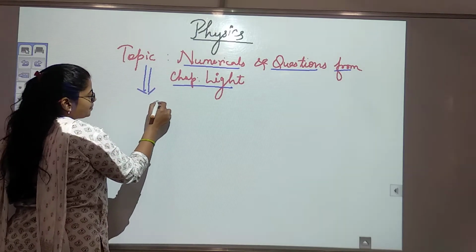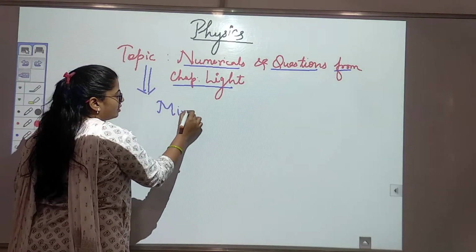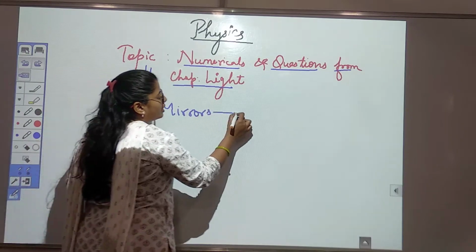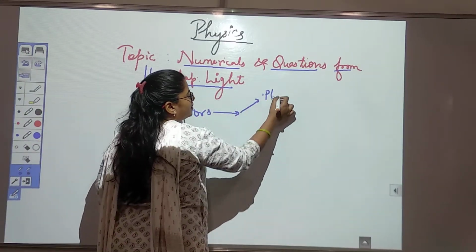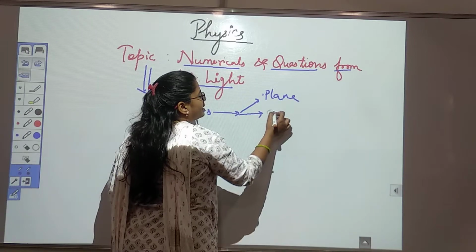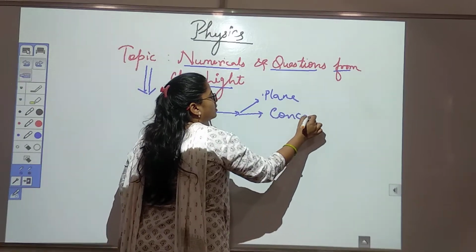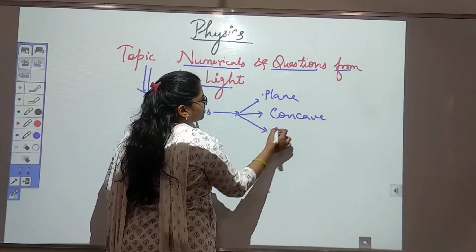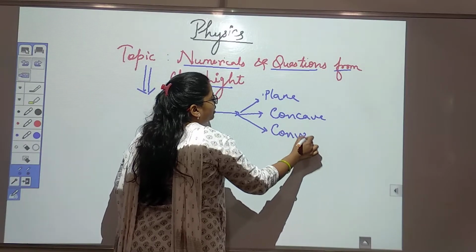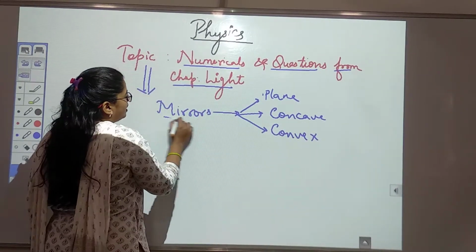We have covered mirrors. All the three kinds of mirror we have already learned: plane, concave and convex. We are already familiar with these mirrors.